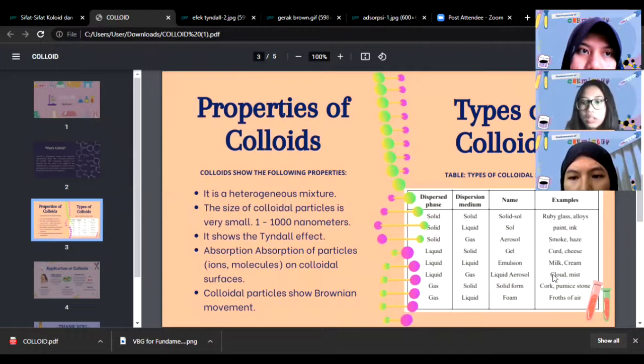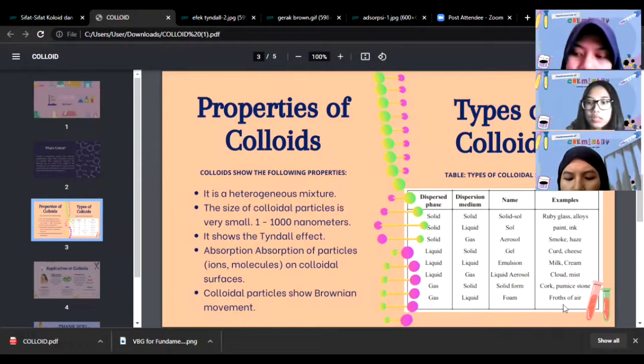For example, cloud and mist. If the dispersed phase is gas and the dispersion medium is solid, it is solid foam, for example cork or pumice stone. And the last, if the dispersed phase is gas and the dispersion medium is liquid, it will be foam. For example, froth of air. So as we know, you may imagine that milk is a homogeneous solution, but actually it is a colloid.